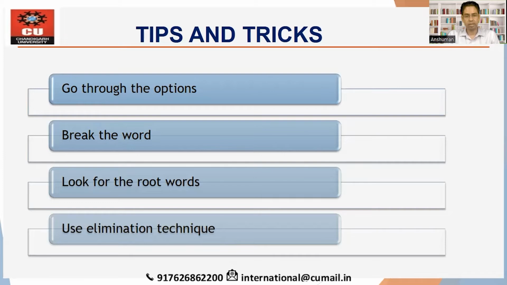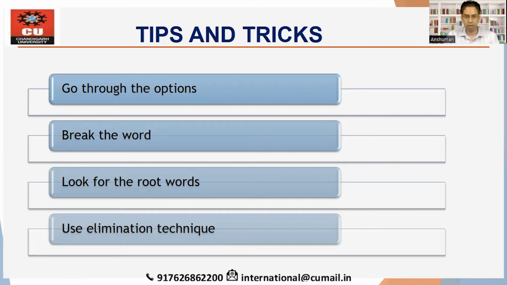For example, if a word is given to you and there are generally 4 to 5 options, first go through them and find out which option is very close to your answer, and choose that option.